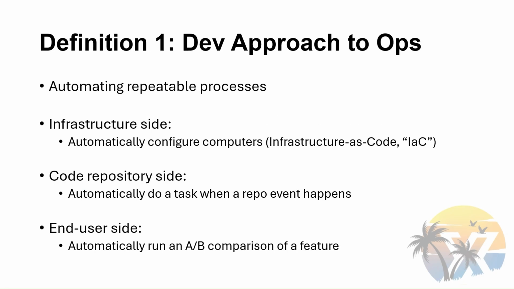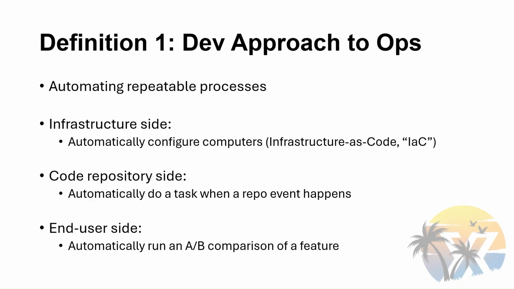Definition 1, we have a dev approach to operations. The crux of this is automating repeatable processes, writing scripts that get run that accomplish a task that you normally would have to do by hand, that is repetitive and is able to be done as a script.